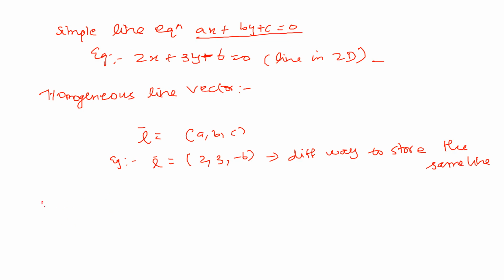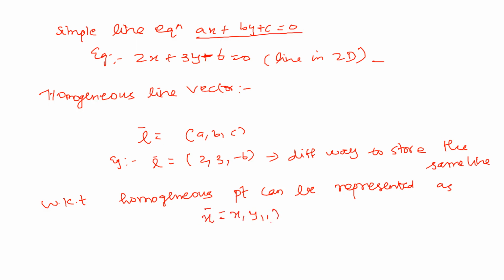And we know that a homogeneous point can be represented as x bar equal to x comma y comma 1, right? With three parameters we can represent. So now we know the homogeneous line vector can be represented as L bar equal to a comma b comma c, and the homogeneous point can be represented as x comma y comma 1.